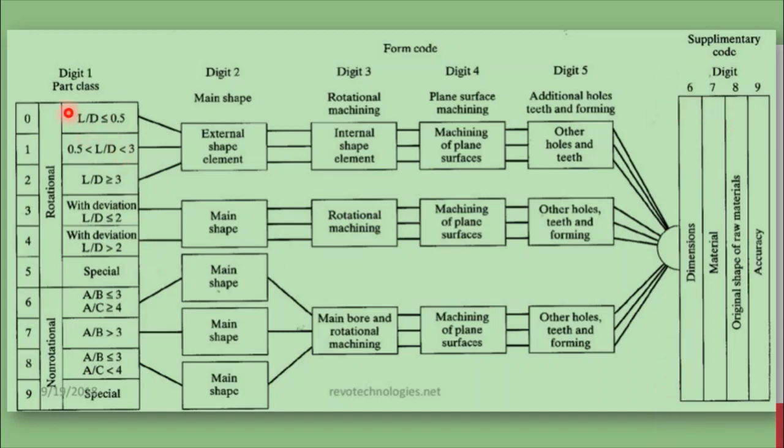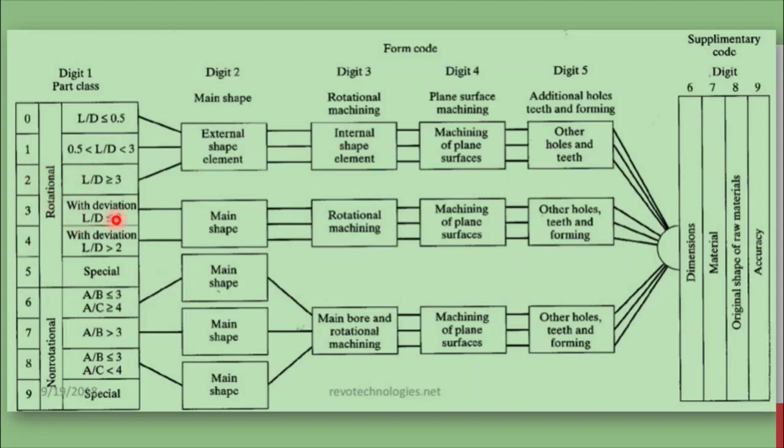Now if my part is rotational, then I'll follow the first code from 0 to 5. If non-rotational, then I'll follow the first code between 6 and 9. In the rotational case, if the length to diameter ratio of the product is less than 0.5, then I'll assign a 0 as the first digit. If L by D is between 0.5 and 3, I'll assign a 1, and so on.